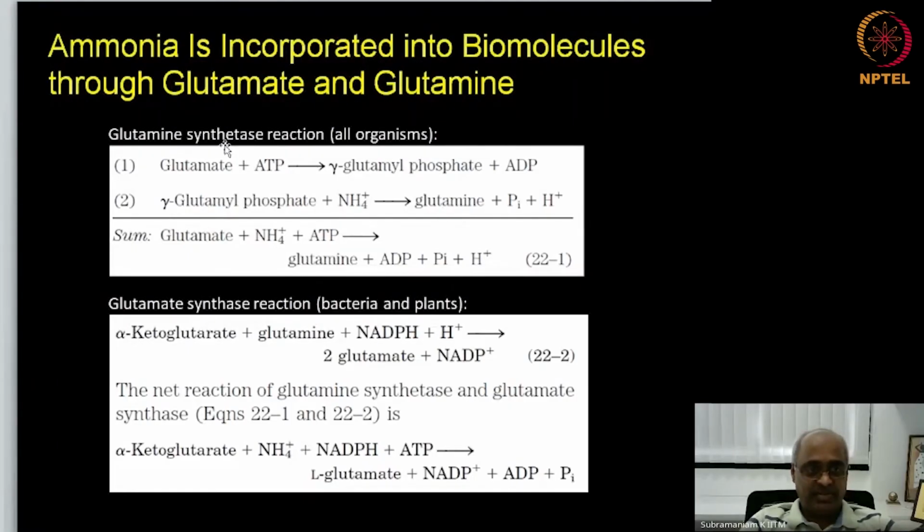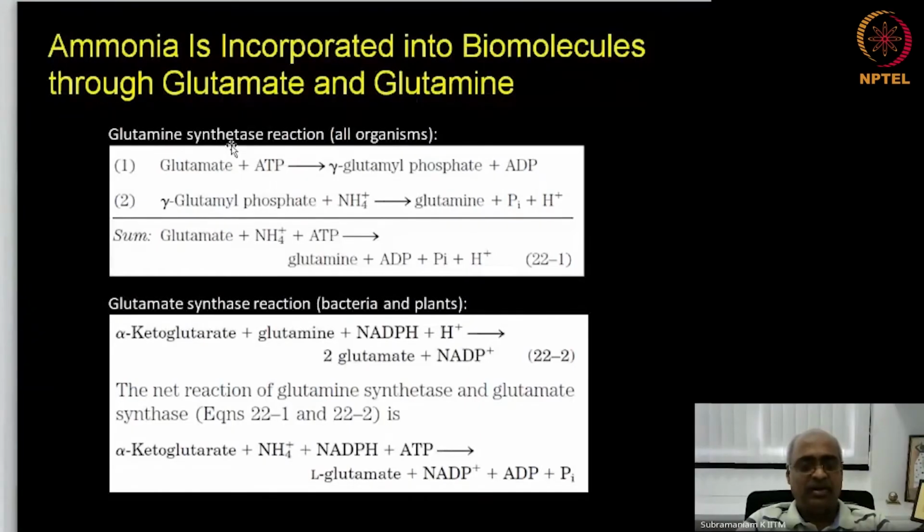And this enzyme, glutamine synthetase, exists not just in plants and microbes, it exists in all animals. So in many of our metabolic reactions, we haven't yet discussed, probably we will briefly discuss amino acid catabolism. We only focused so far on glucose. So the catabolism of amino acids ends up producing ammonia.